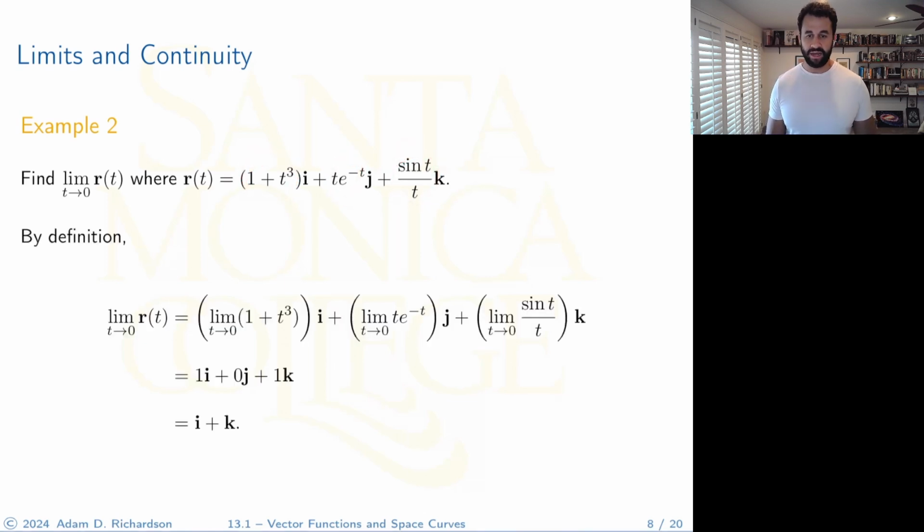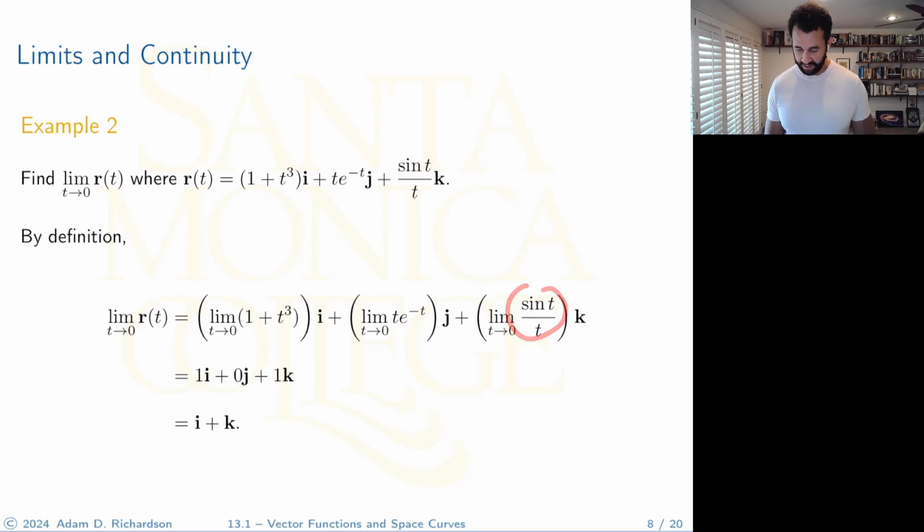So these ones aren't too bad. I kind of showed the work here individually. The limit is the limit of this times i, limit of this times j, limit of this times k. This one is a very straightforward limit. It's just 1. This one might take a little bit of pondering for a second, but this one's going to be 0 because e to the 0 is 1, and then when t is equal to 0, it's 0.